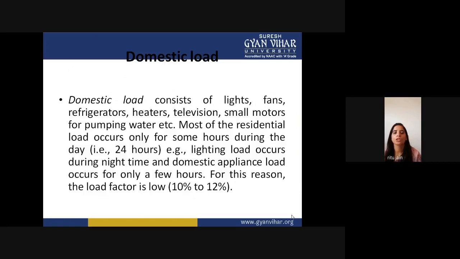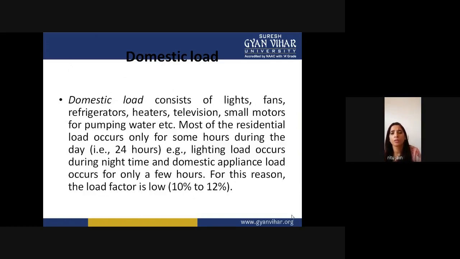Most of the residential load occurs only for some hours during the day. That is your domestic load. For example, lighting load occurs during night time and domestic appliance load occurs for only a few hours. For this reason, the load factor is low. We will discuss load factor later.